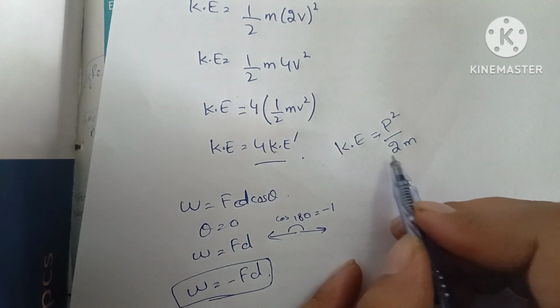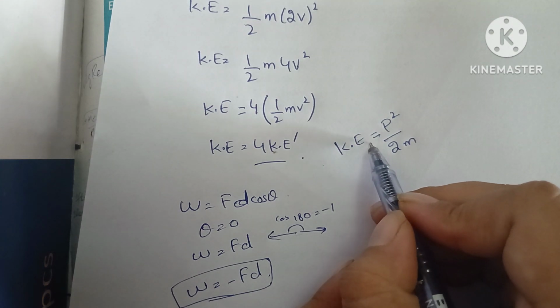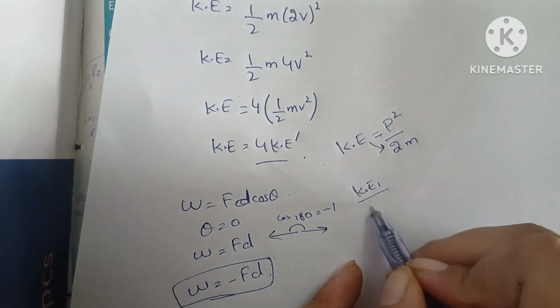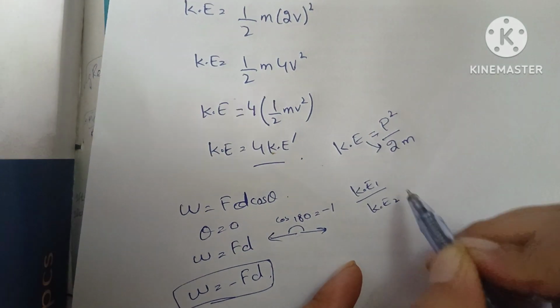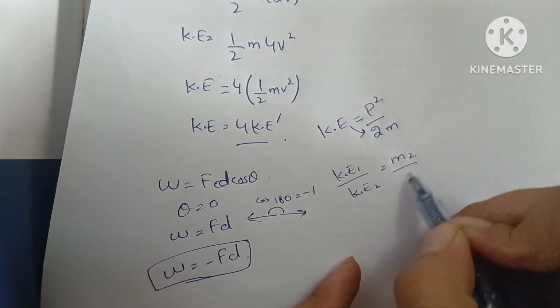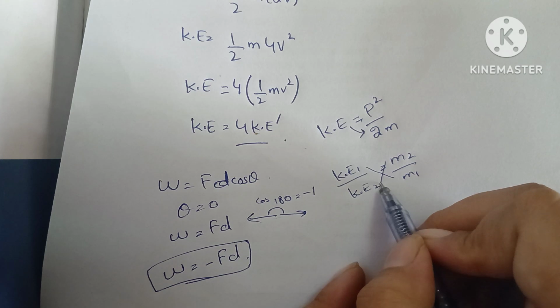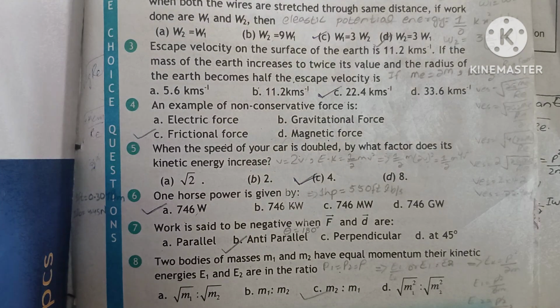It means that kinetic energy has an inverse relation with mass. So the ratio of kinetic energies will be m2 divided by m1, because they are inversely related to each other. So we are going with option C.